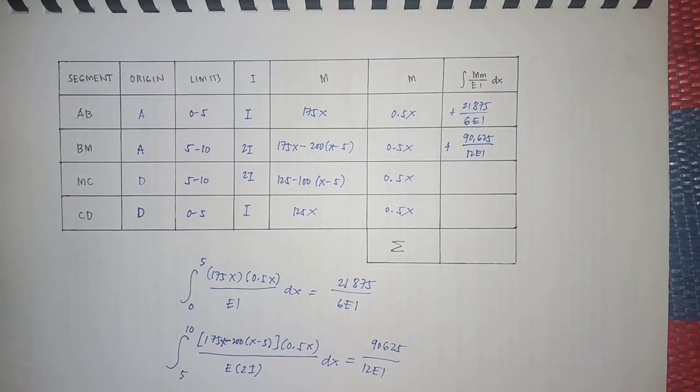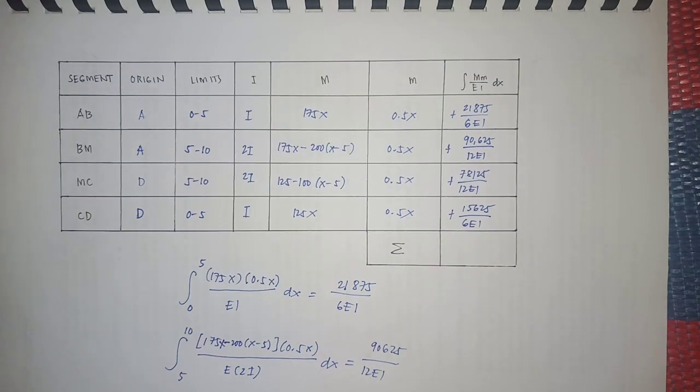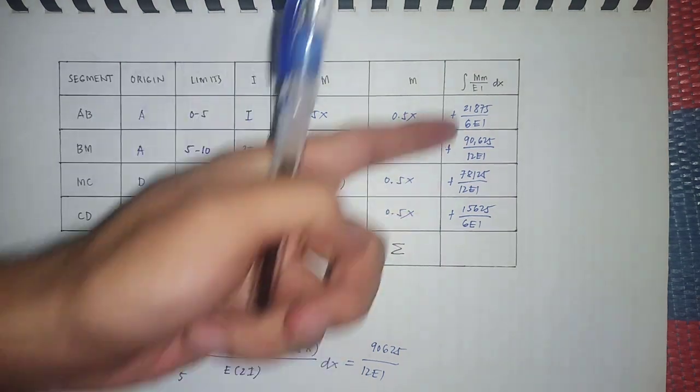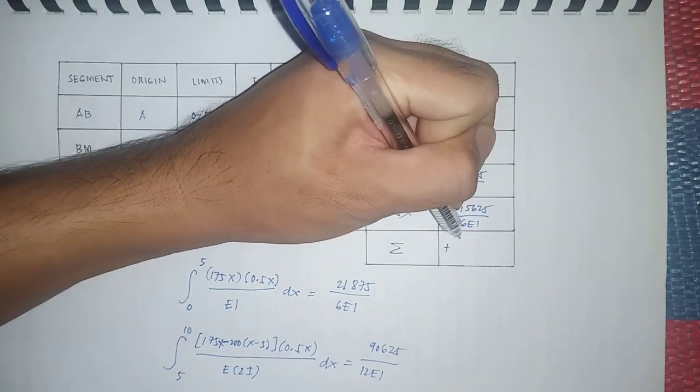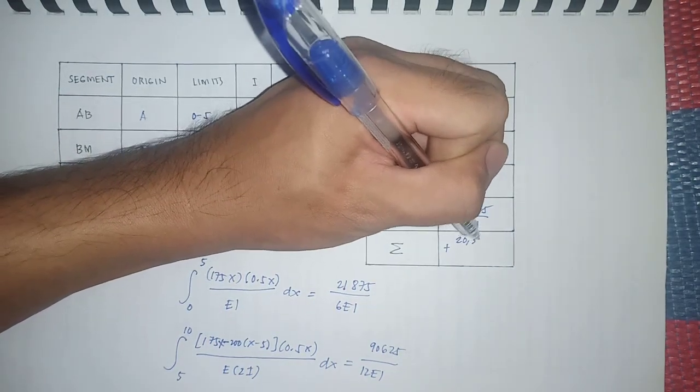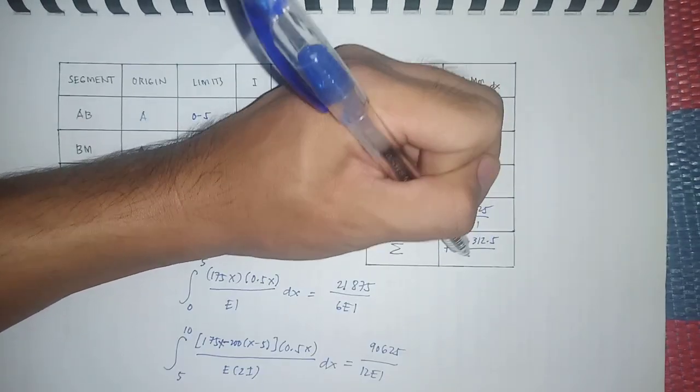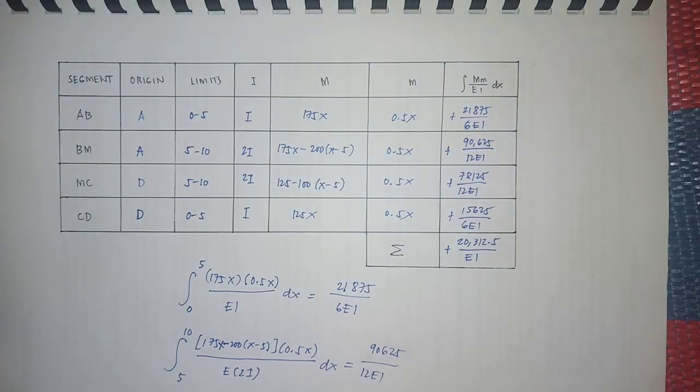These are as follows. Alright. So, after which, katulad ng ginawa natin, get the sum of these 4 values and we arrive to a positive 20,312.5 over EI.